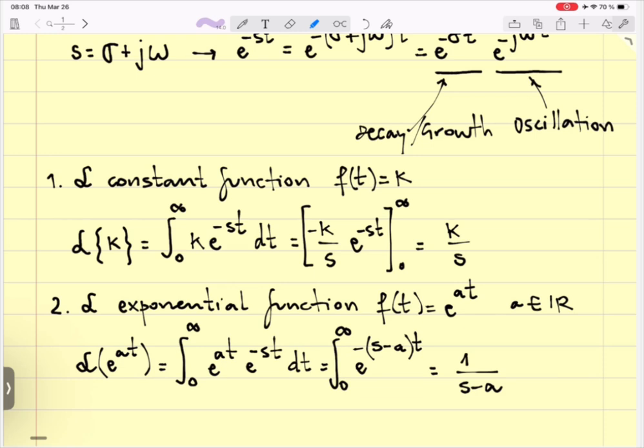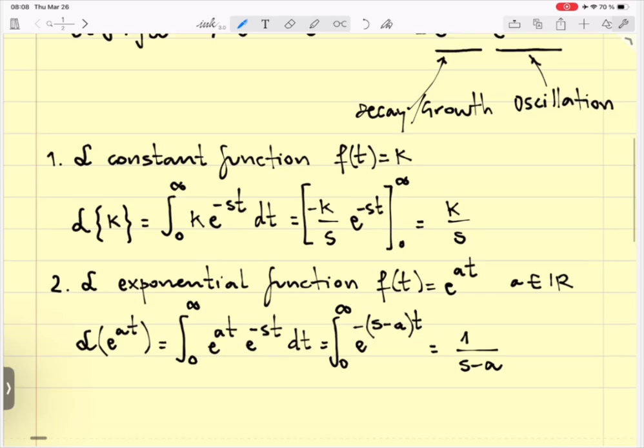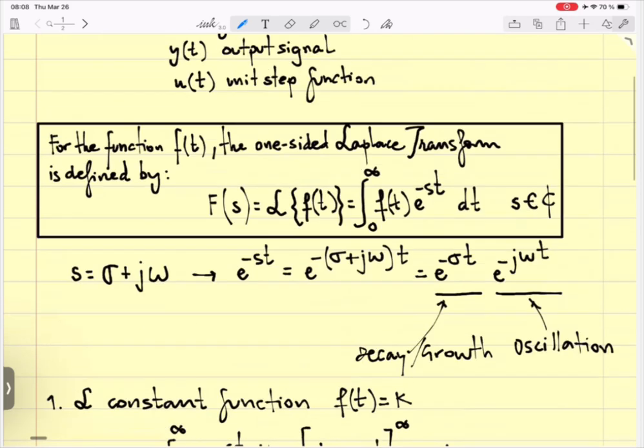Any questions so far with these two basic Laplace transforms? Yeah, we apply the definition of the Laplace transform, which is the integral between 0 and infinity.